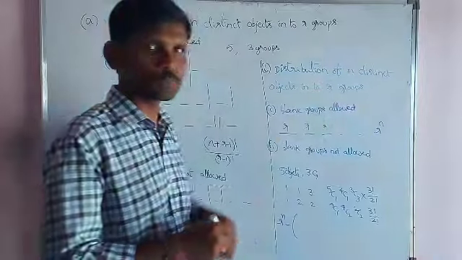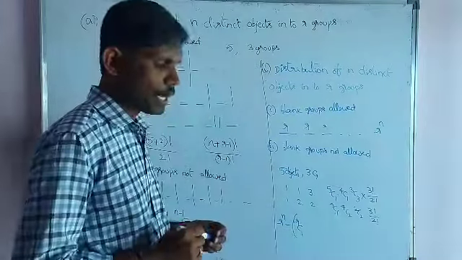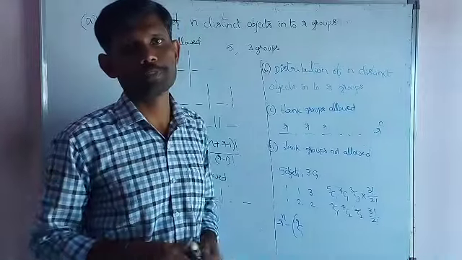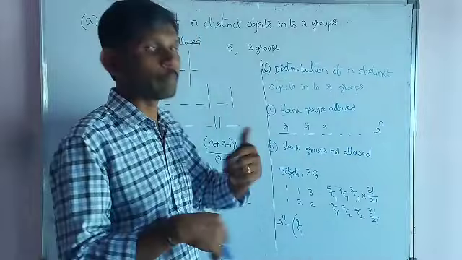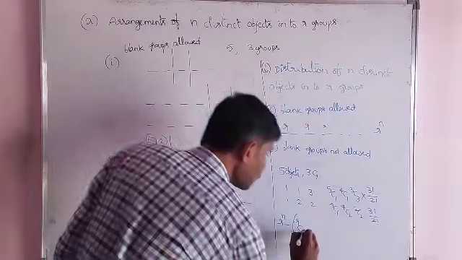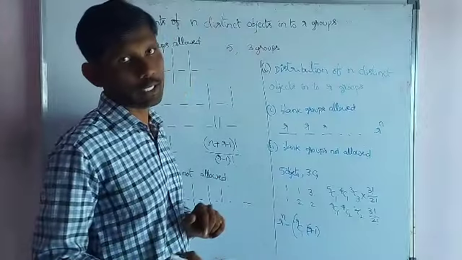We have a total of R groups. Select any one group, we can select RC1 ways. Assume that it is empty, no object is going into that group. So we need to send the objects to the remaining groups. How many remaining groups are there? R minus 1, because one group we are not selecting.